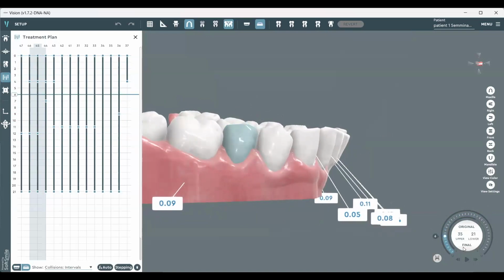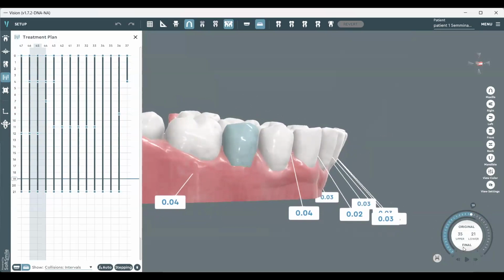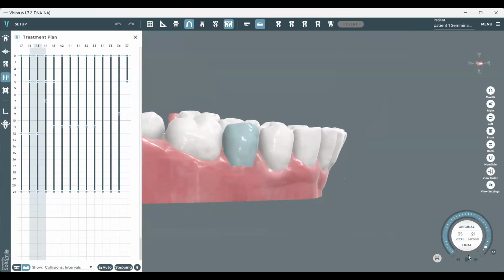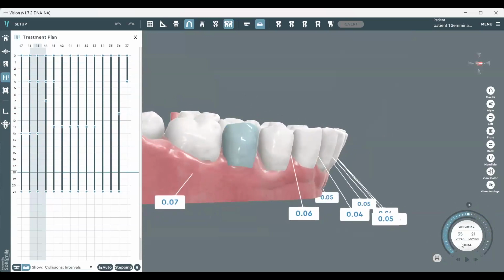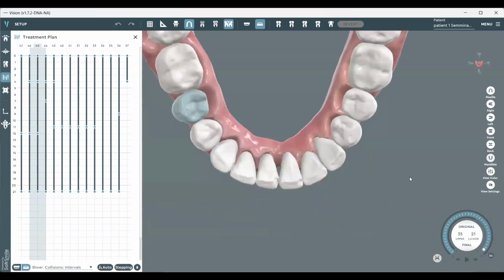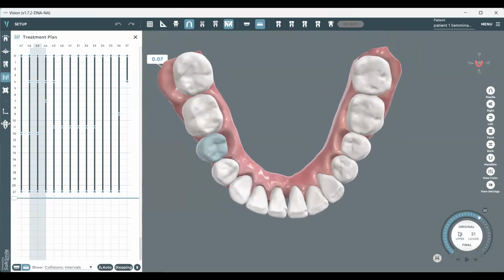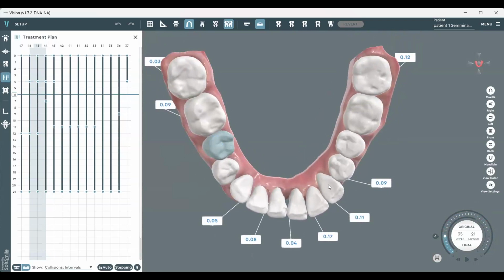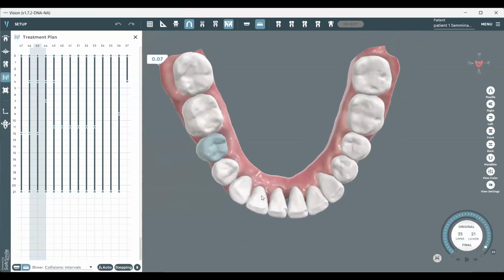And when the spaces are done and in better alignment, we can retract the crowns again, not moving the roots. The roots need to stay in the same position unless we need to move them for alignment. But in this case, it was not needed, especially because of the bone condition of the patient. Need to be very careful on that.